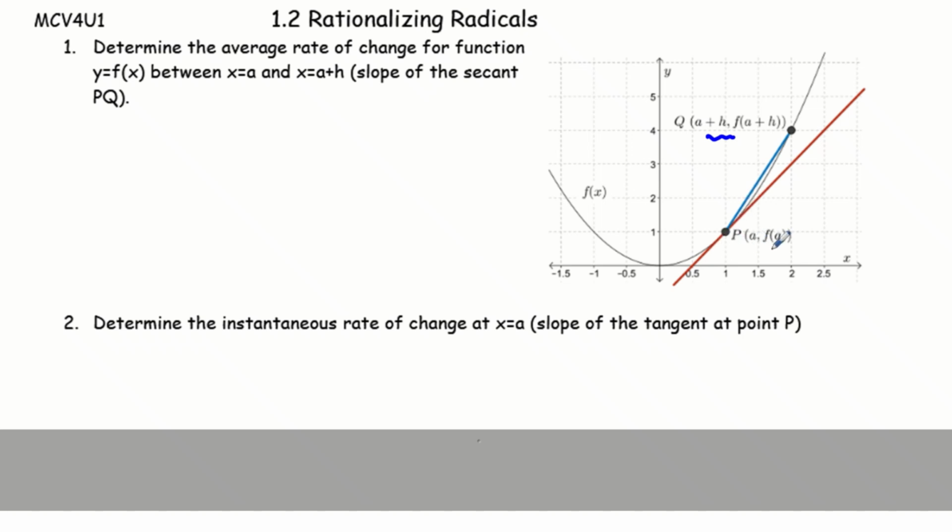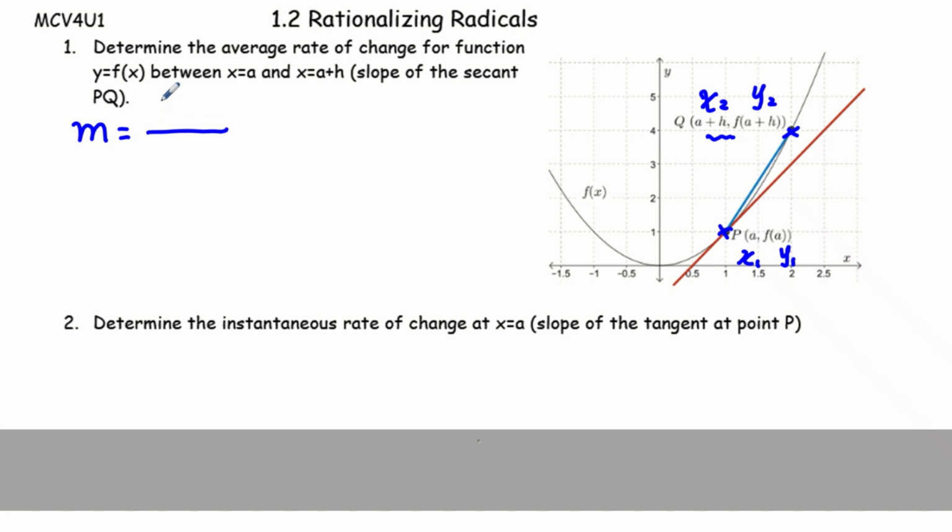So now we have x1, y1, x2, y2. We are able to find the slope of the secant. A secant line connects the 2 points that intersect on the curve. So this blue line is a secant, and the slope of the secant is rise over run.